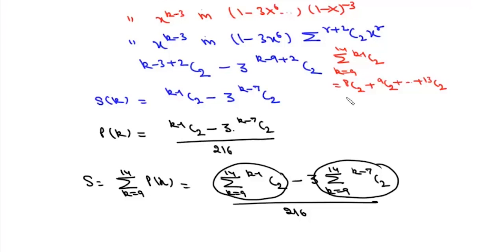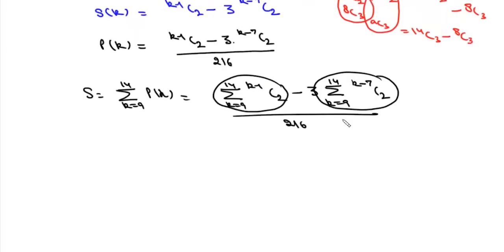Now what we'll do is we'll add 8C3 and we'll subtract 8C3. Now, since r differs by 1, it'll be 9C3; again 9C2 plus 9C3 will be 10C3, and finally it'll be 13C2 plus 13C3, and that'll be 14C3. So this value will be 14C3 minus 8C3.